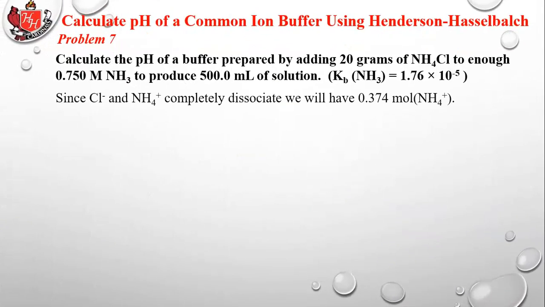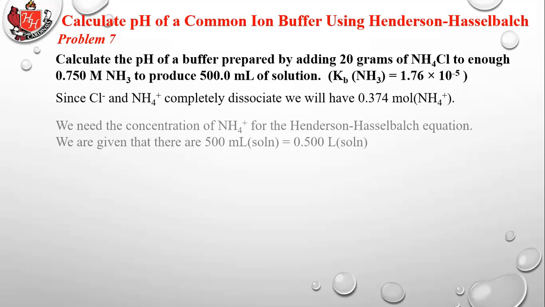Okay, so we move on. Since the chloride and the ammonium completely dissociate, if we have 0.374 moles of ammonium chloride, that means we're also going to have 0.374 moles of the ammonium ion. We don't care about the chloride ion. We need the concentration of NH4+ for Henderson Hasselbach.